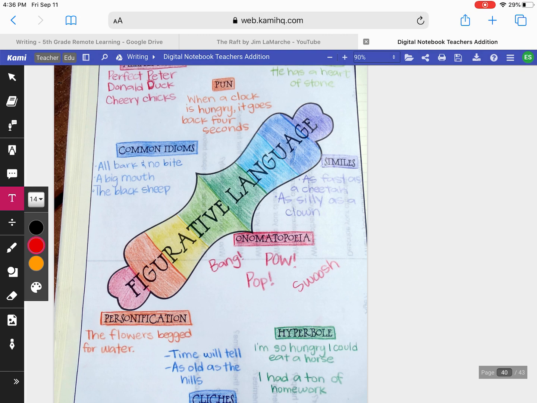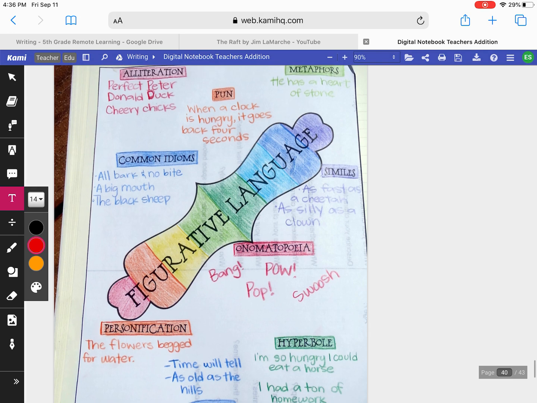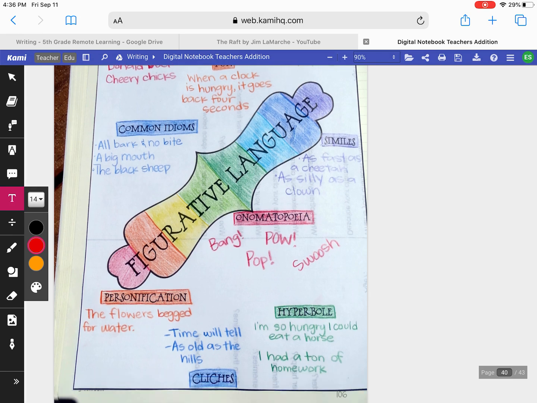One fun one that kids like to use is onomatopoeia, because it is fun to do. It's bang, pow, pop, swoosh. It's when the word sounds like the noise that it makes. If you're writing a story about a basketball player, you might use swoosh, the ball went into the net.